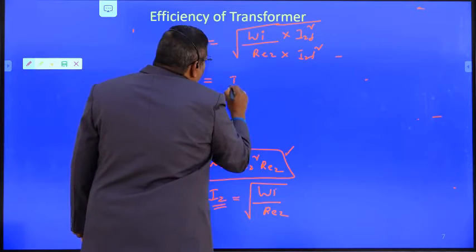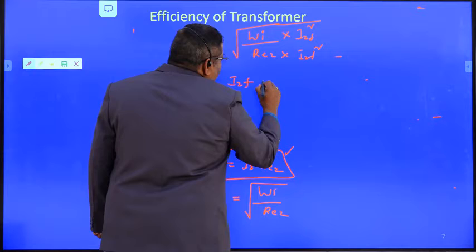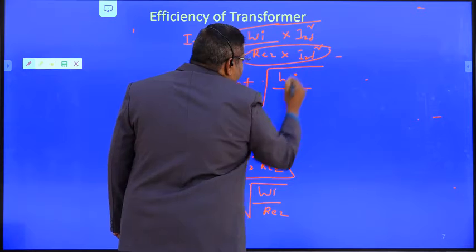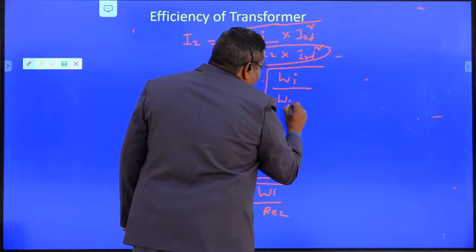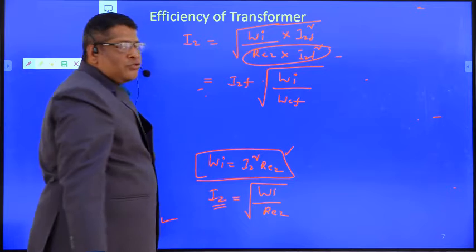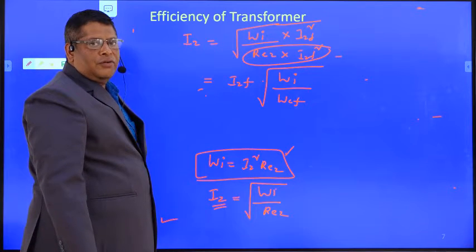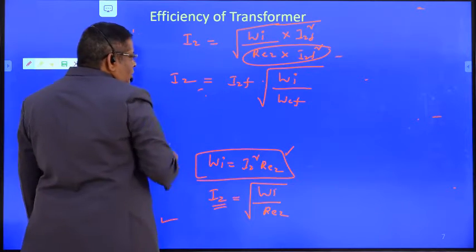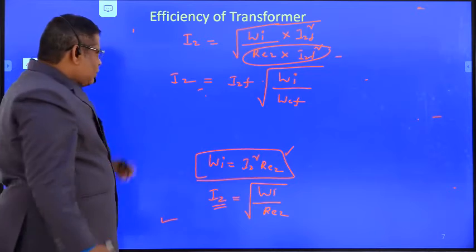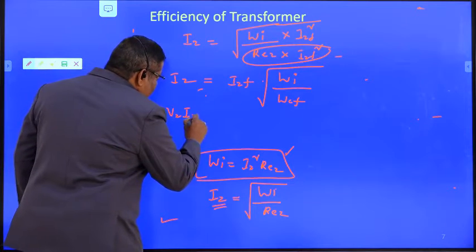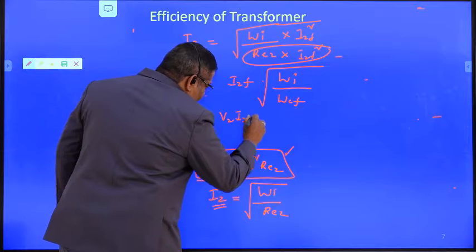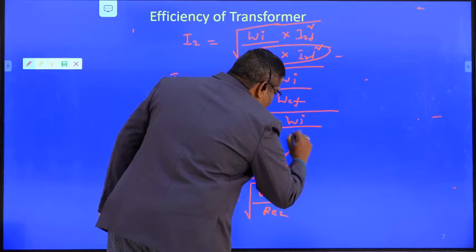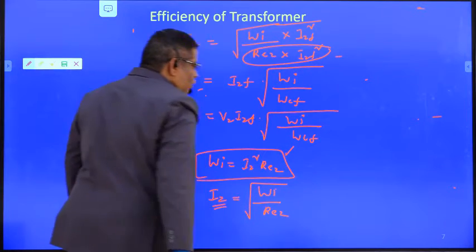Now this is equal to I2F square root of iron loss divided by this quantity, which represents the full load copper loss, that we represent as WCF. F is nothing but full load copper loss. Now it is multiplied with the I2F, it is equal to I2. Throughout the equation you multiply with V2: V2 I2 equals V2 I2F square root of iron loss divided by the full load copper loss.